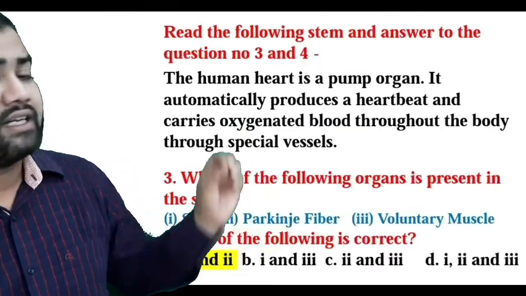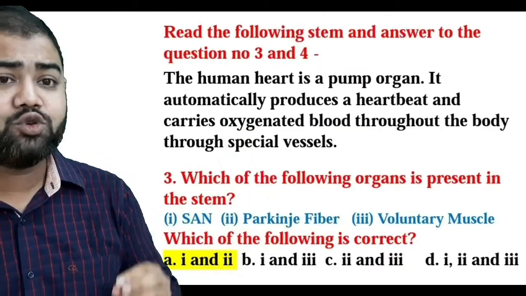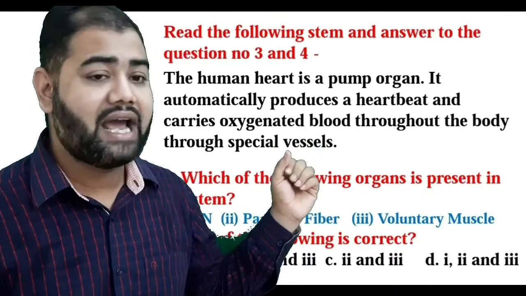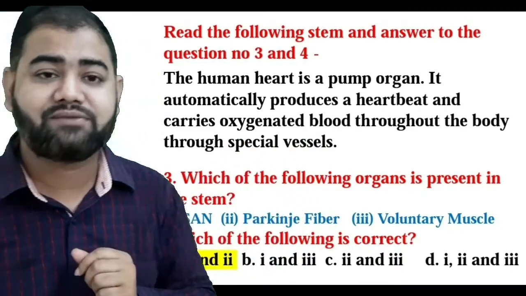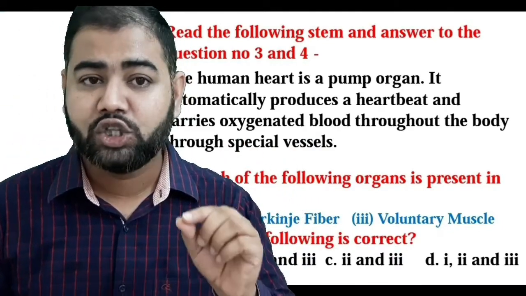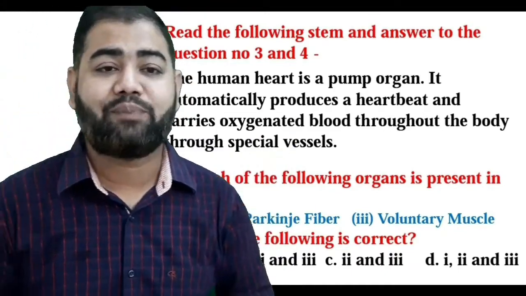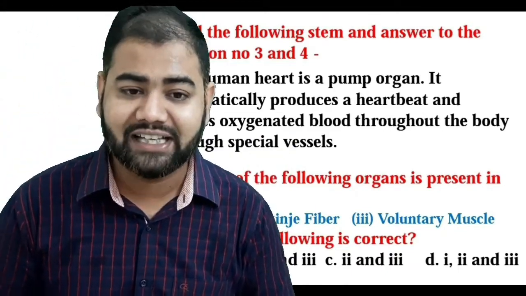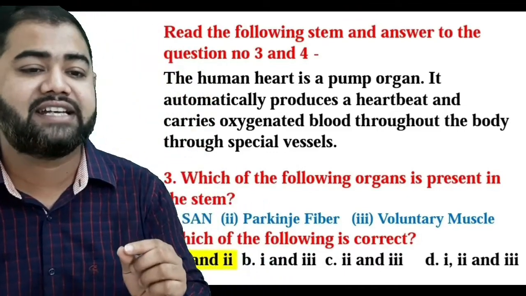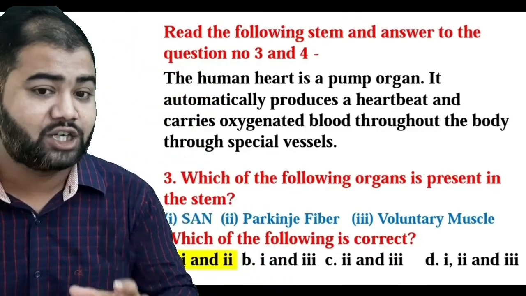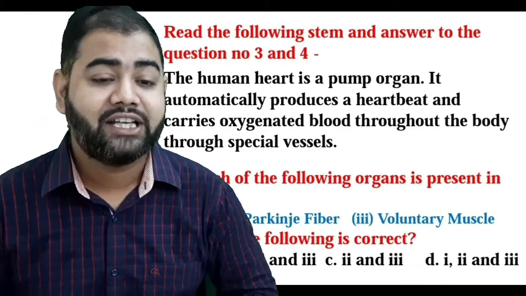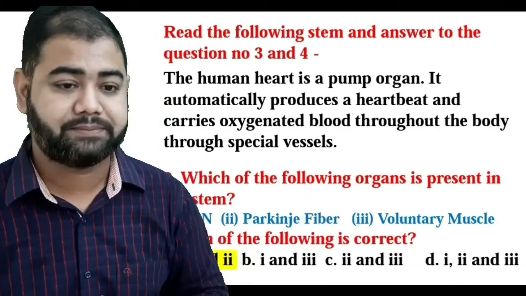Dear students, question numbers 3 and 4 you will answer from this stem. Read the following stem and answer questions 3 and 4. The human heart is a pump organ. It automatically produces a heartbeat and carries oxygenated blood throughout the body through special vessels.